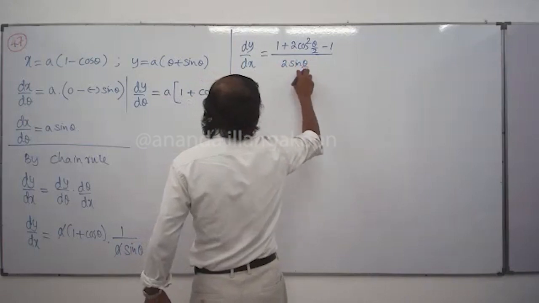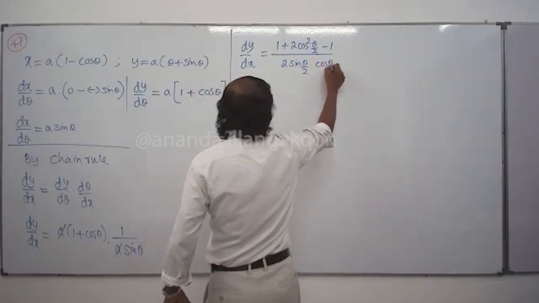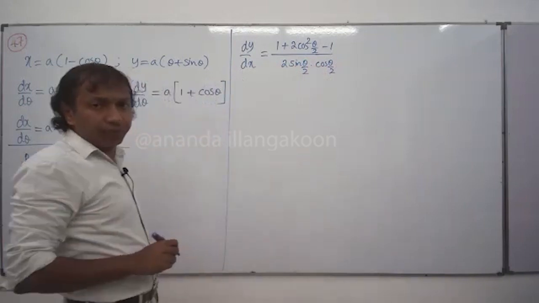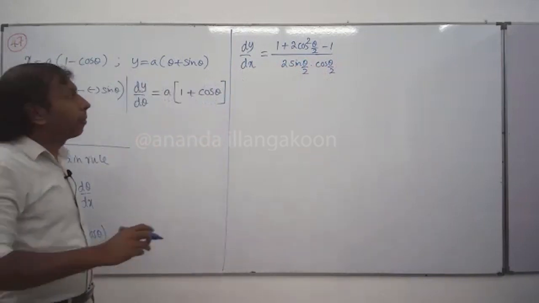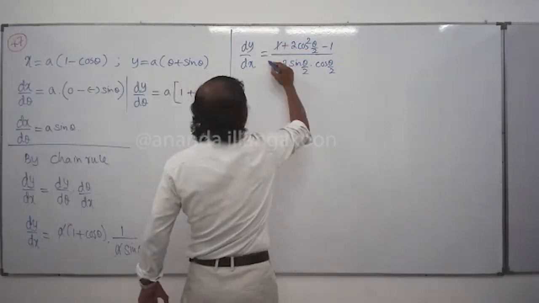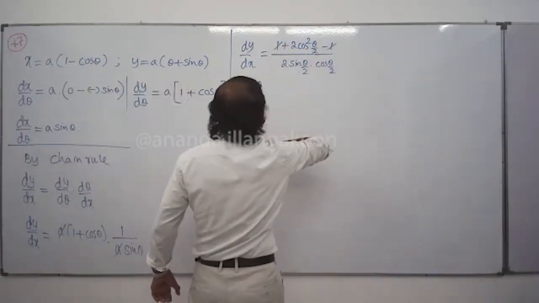2 sin theta by 2 into cos theta by 2. This way, right? Then 1 and this minus 1 you can cancel down.